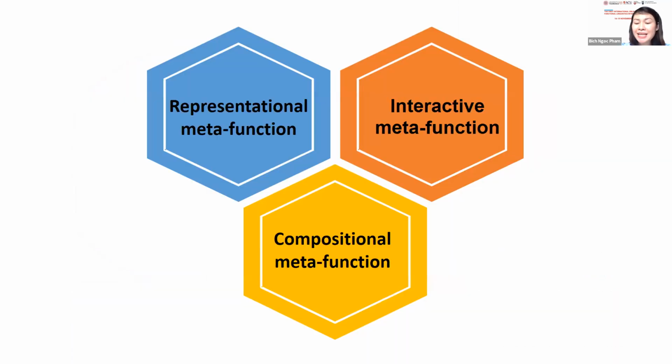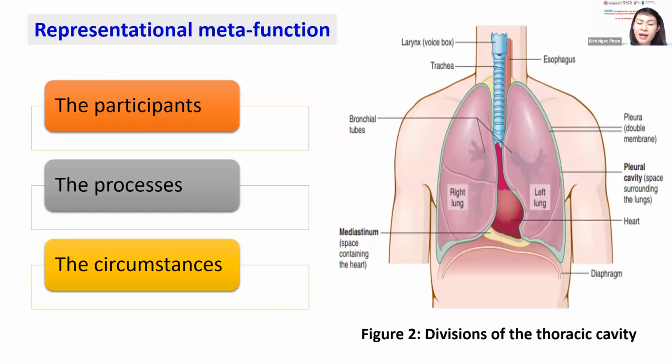And secondly, the research deals with the representational metafunction, interactive metafunction, and compositional metafunction. The first is the representational metafunction. A look at the images put under scrutiny indicates that they all include a represented participant.